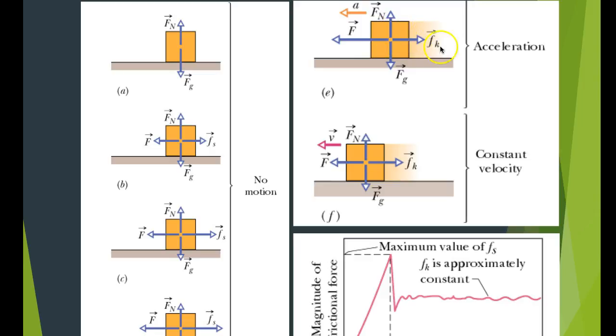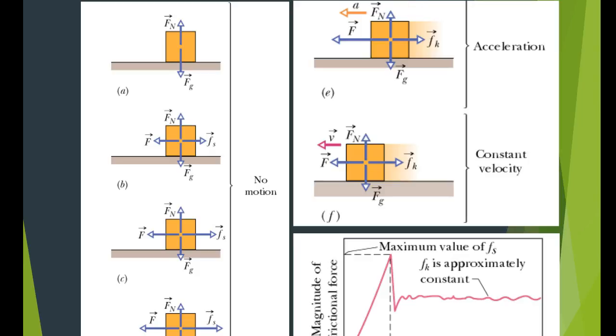Okay, and as long as those forces are unbalanced, it's going to accelerate, and then if you push with a little bit less, you can keep it at a constant velocity. That's generally what the act of pushing an object looks like: you push until you overcome that static friction, it turns into kinetic friction, the object accelerates, and then you start to push with a little bit less force.